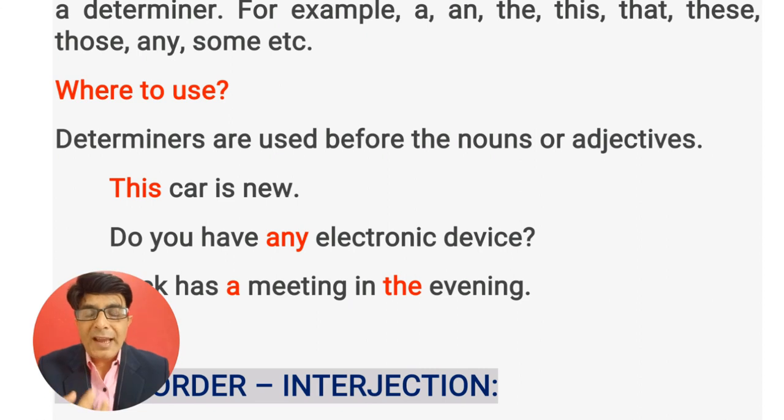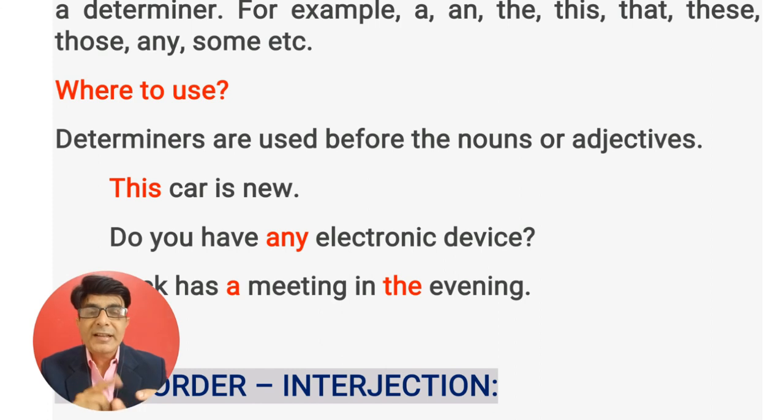Do you have any electronic device? In this sentence, the word device is a noun, the word electronic is an adjective, and the word any is a determiner. So the determiner here in this example is used before the adjective. In the first example, the determiner was used before the noun. This car is new. The word car is a noun.